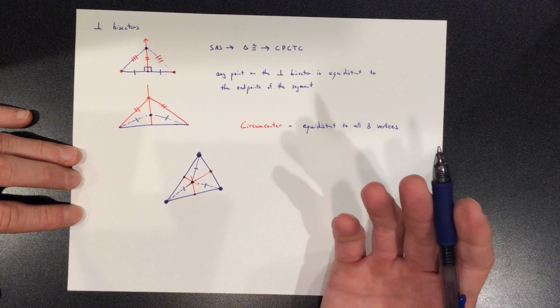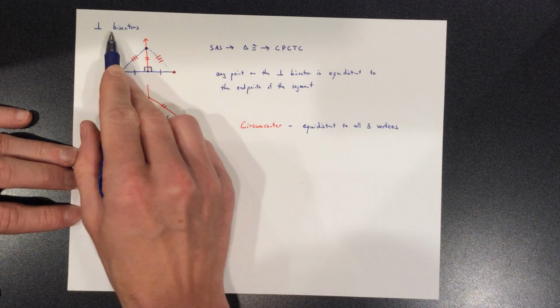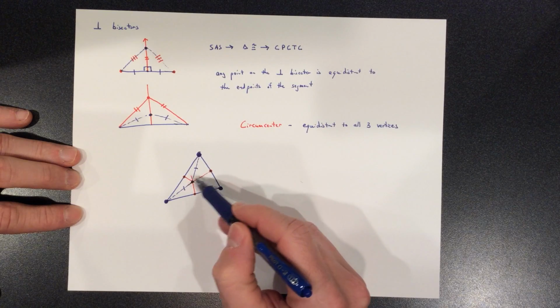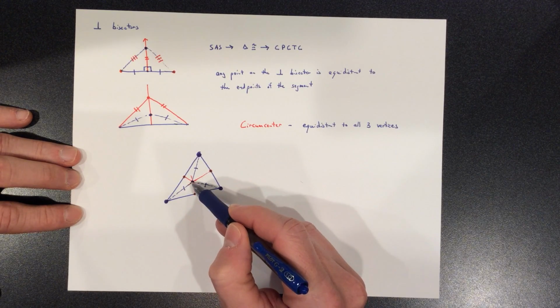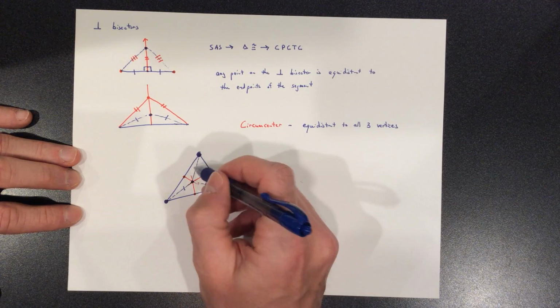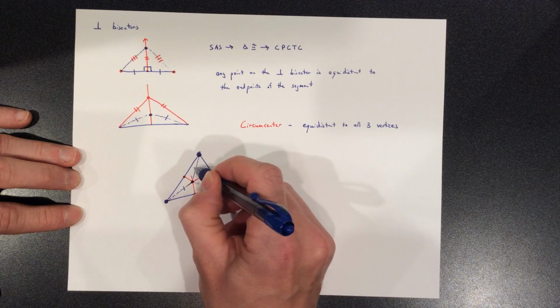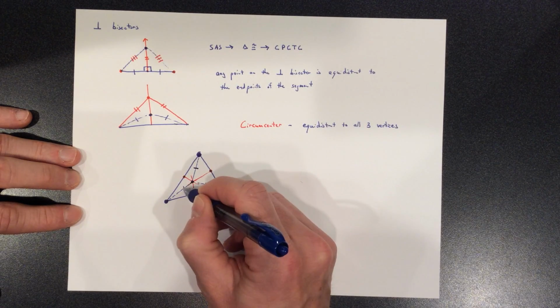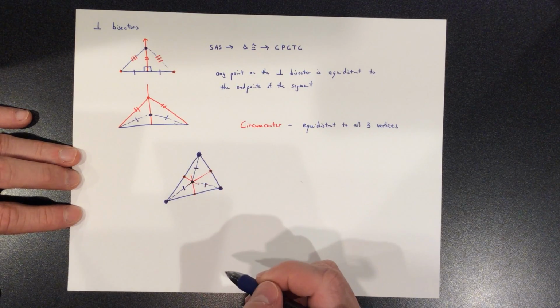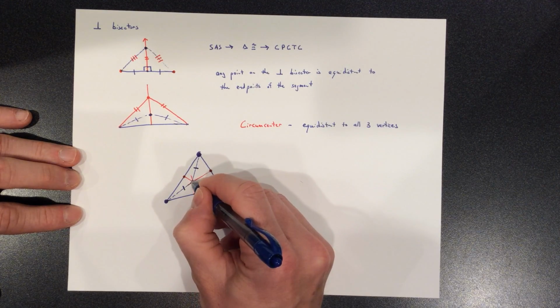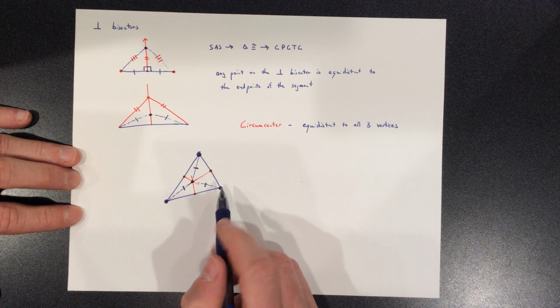How do you find the circumcenter? This guy. Take the 3 perpendicular bisectors, the intersection. Since you're on a perpendicular bisector, you have to be equidistant from the endpoint, and that is enough to show me that that and that and that are the same distances. And so our circumcenter is equidistant from the 3 vertices.